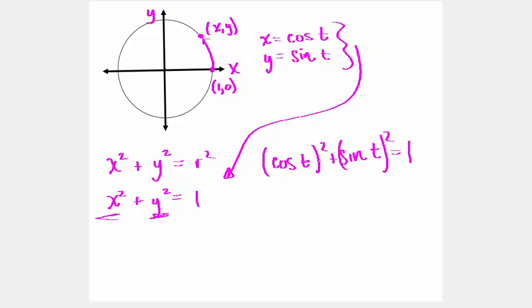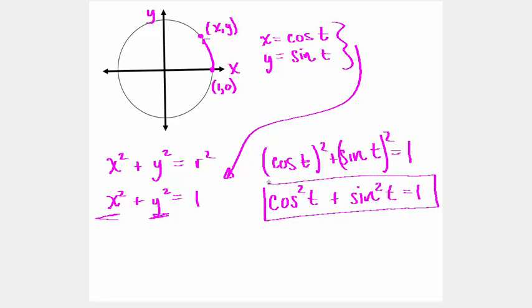So instead of writing them and holding the squared outside of them in each case, what you'll typically see is the following. You'll see it written as cosine squared of t plus sine squared of t equals 1. So this right here is our abbreviated, or the cleanest way to write, the Pythagorean identity.